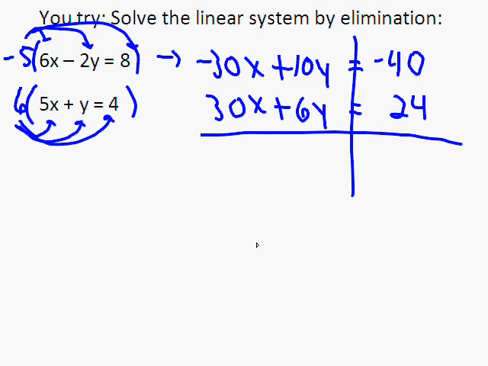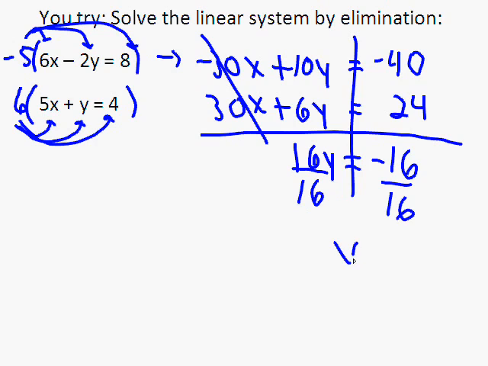When we combine our two equations, the negative 30x and the positive 30x cancel out. Now that's exactly what we want to have happen. One of the variables should go away or be eliminated. That leaves us with just 10y and 6y, which is 16y, is equal to negative 40 plus 24 is a negative 16. We can then divide both sides by 16, giving us y is equal to negative 1.